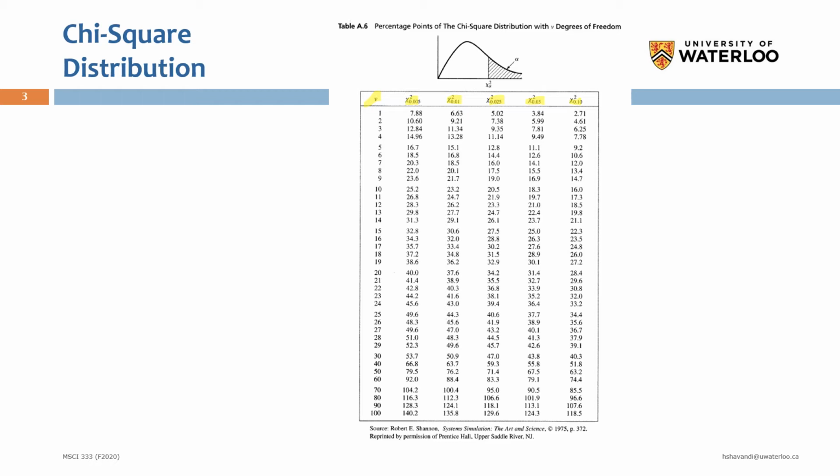This column, the degrees of freedom, is n minus 1, and here we have the alphas. By having the alpha values and n minus 1 as the degrees of freedom, we can obtain the critical value from this table.